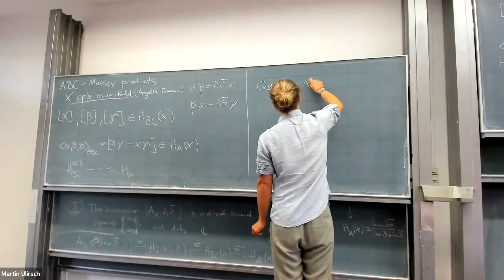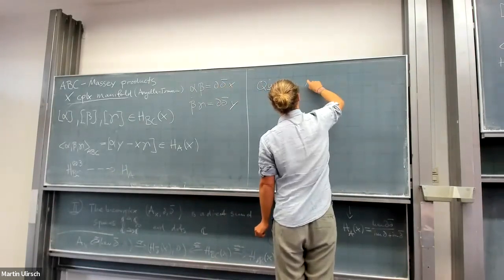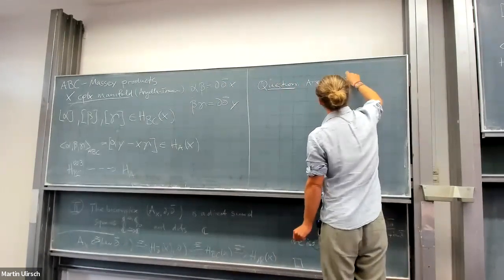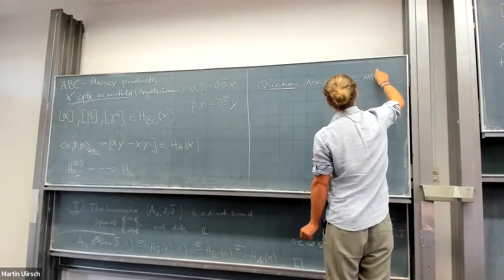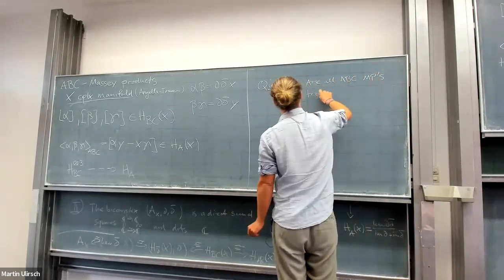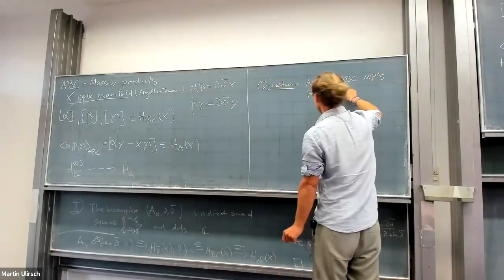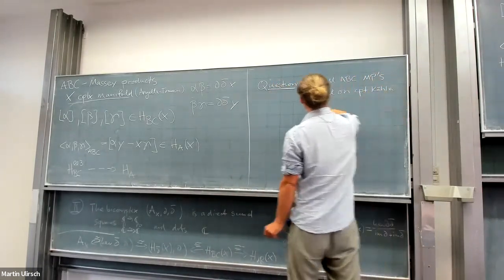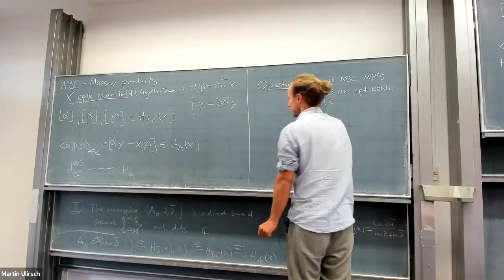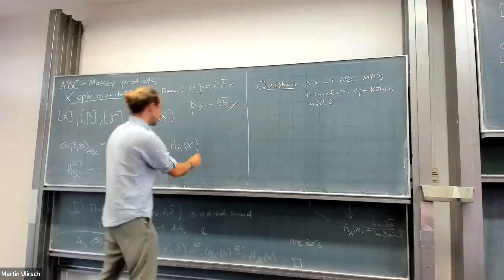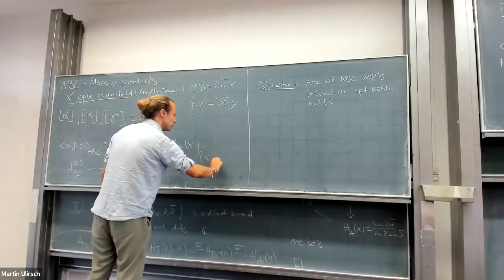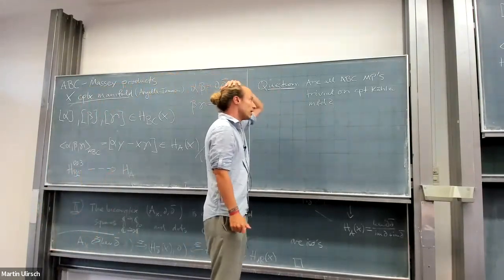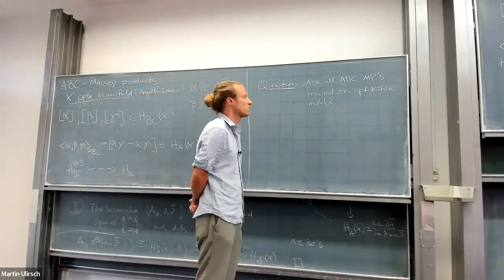Namely, are all ABC Massey products trivial on compact Kähler manifolds? Before I say more on this question, let me just correct here that again we have an indeterminacy, just as before. Okay, are all Aeppli, Bott-Chern Massey products trivial on compact Kähler manifolds?